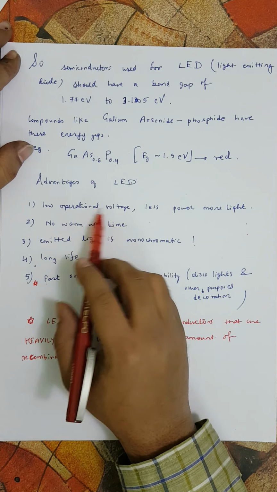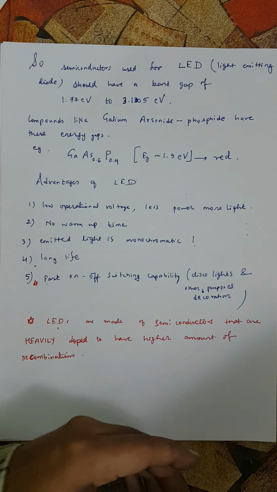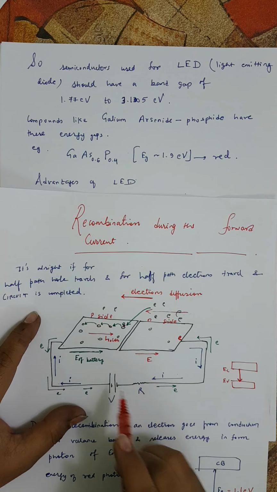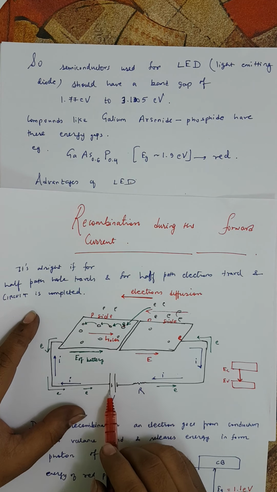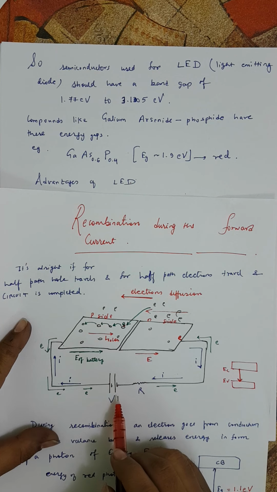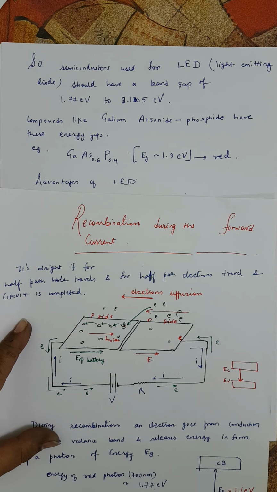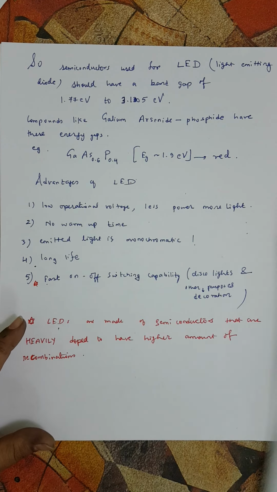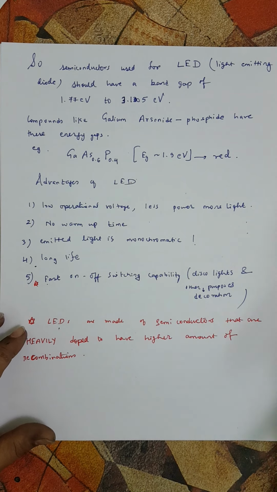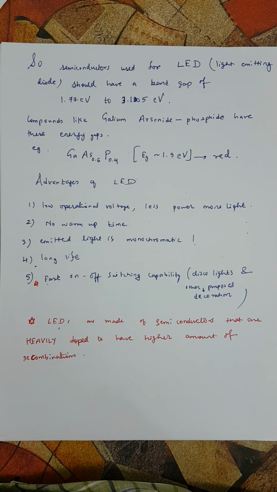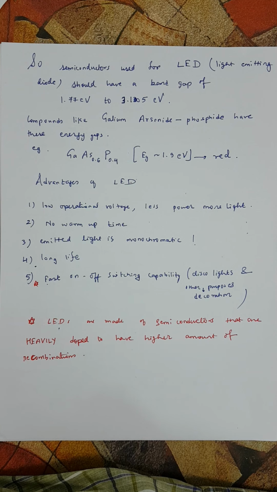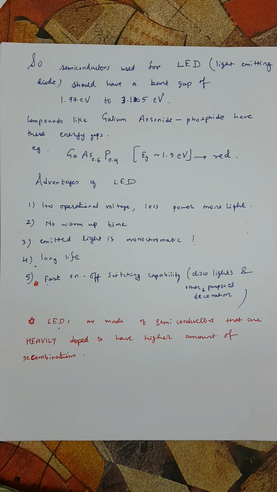Okay, low operational voltage, because we know that the PN junction is sufficiently forward biased even with a potential difference of less than 0.7 volt. We remember the PN junction characteristics. So low operational voltage, low power, because in the case of incandescent lamps, a lot of energy goes into heating the filament, and only a tiny fraction of it is converted into light.